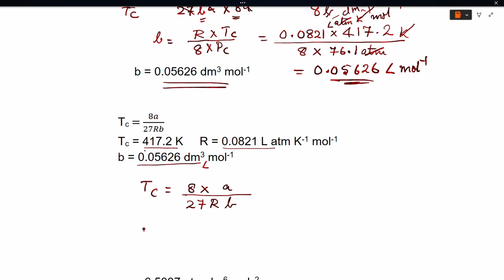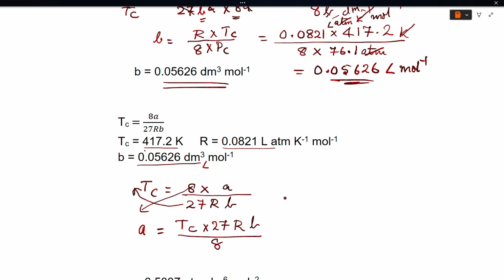Taking 27 and Rb, which are in the denominator, they will go to the numerator. So, on the other side I will have Tc into 27 Rb. Now, 8 I will bring to the other side, because that is in the numerator, it goes to the denominator, divided by 8.